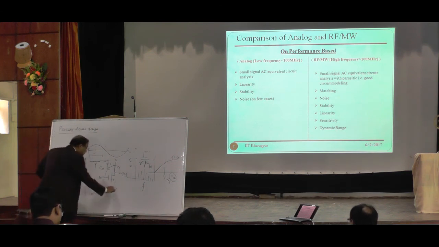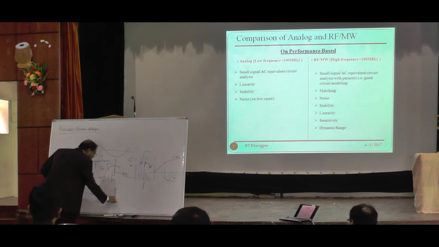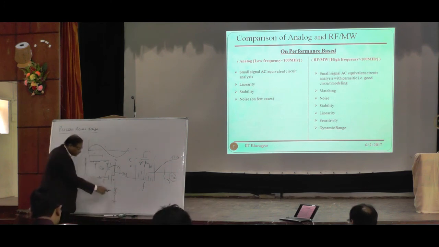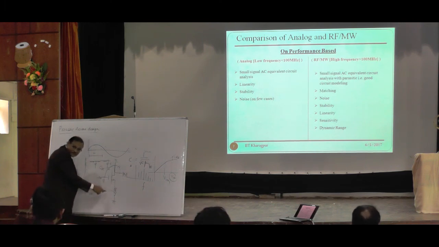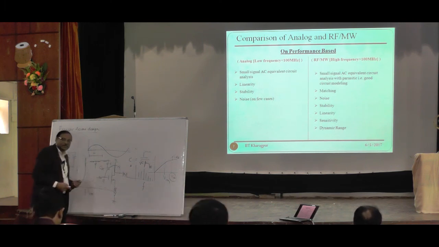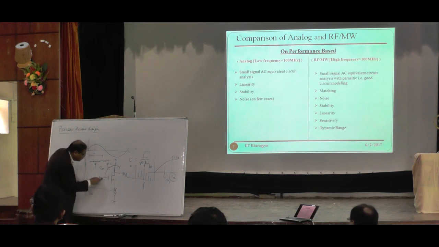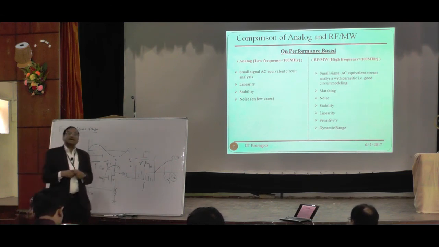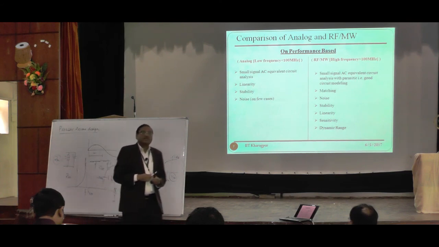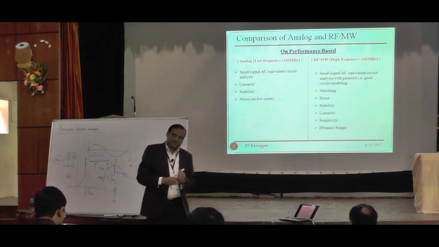Knowingly means you remember that you have a resistance or inductance at the source. You know that there is a negative feedback from first year classes. So that feedback will come to your input. There will be a known path of feedback, and those will create instability in the systems.